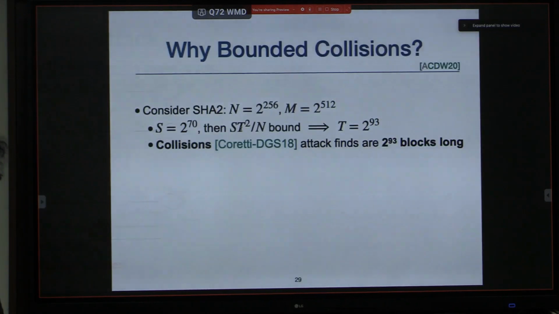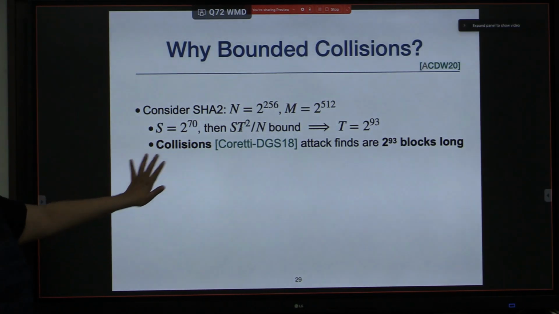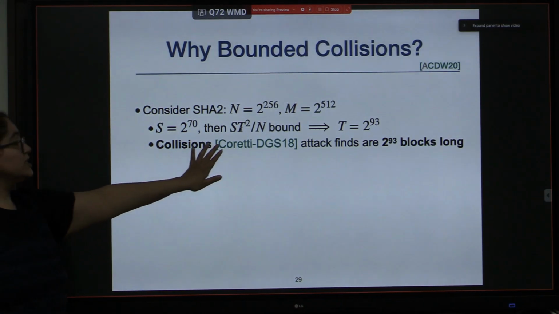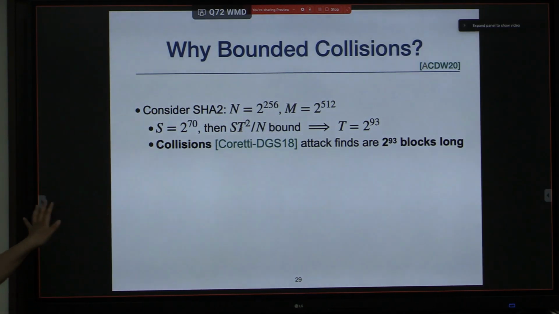And what that means, say you have a SHA-2 function where n is 2 to the 256, m is 2 to the 512, and now you are allowing the adversary to have 2 to the 70 bits of advice. Not 70 bits, 2 to the 70 bits, which is already very large memory. Then this ST square over N bound implies that the adversary would have to make 2 to the 93 queries in order to win with constant probability.